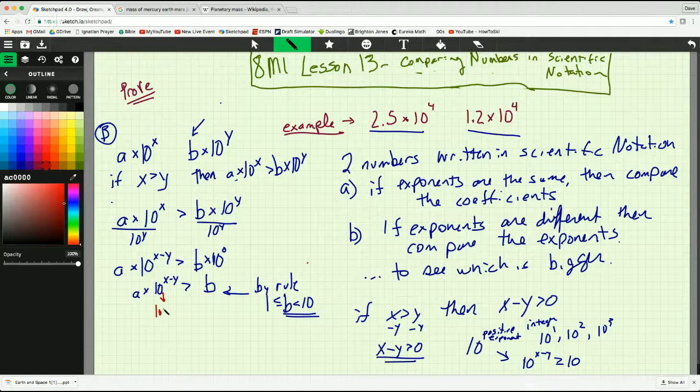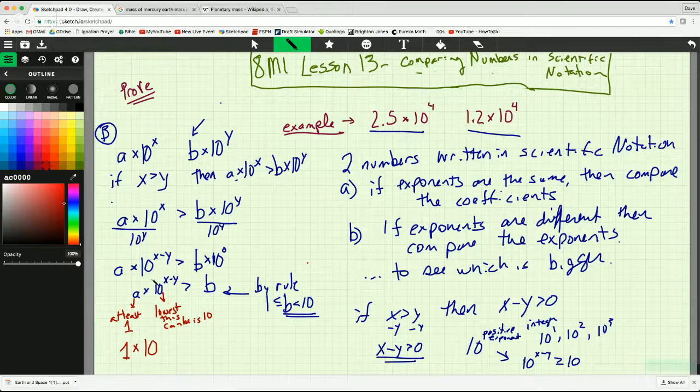So the lowest this can be is 10. And then this is at least a 1, right? Because the rule is that the coefficient has to be at least 1, but not less than 10. So if you think about it, a number that's at least 1, the lowest number is 1, and I multiply it by a number that's at lowest 10.